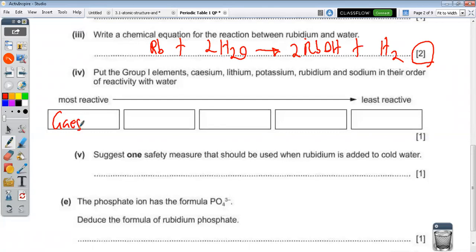If you check the videos that I sent, there was someone just throwing this and running away. Did you see that video? Rubidium, followed by potassium, sodium, then lithium. One mark for free.